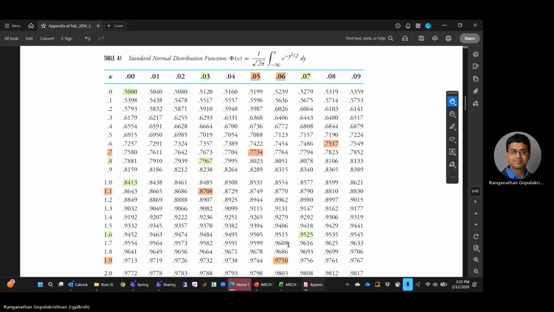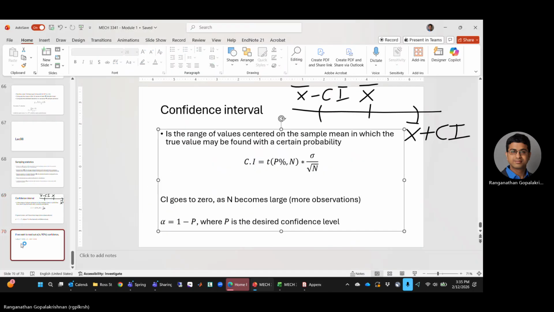Question is, the value 1.96. Okay, I'll write it down.